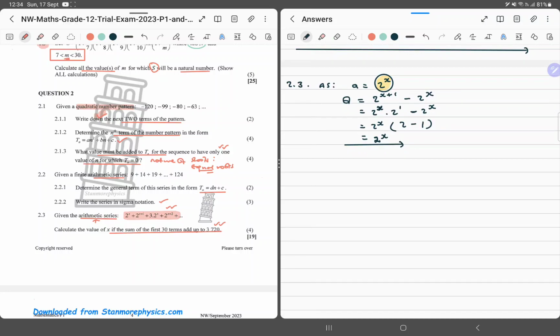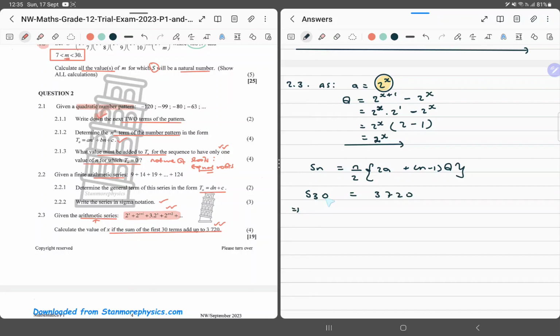Now that we've got the first term, we've got the common difference. What are we looking for? We're looking for the value of x. So we know that the sum in an arithmetic series or sequence is equal to n over 2 into 2a plus n minus 1 times d. Okay, that's what we have. And then we are told now here that S30 is equal to 3720.